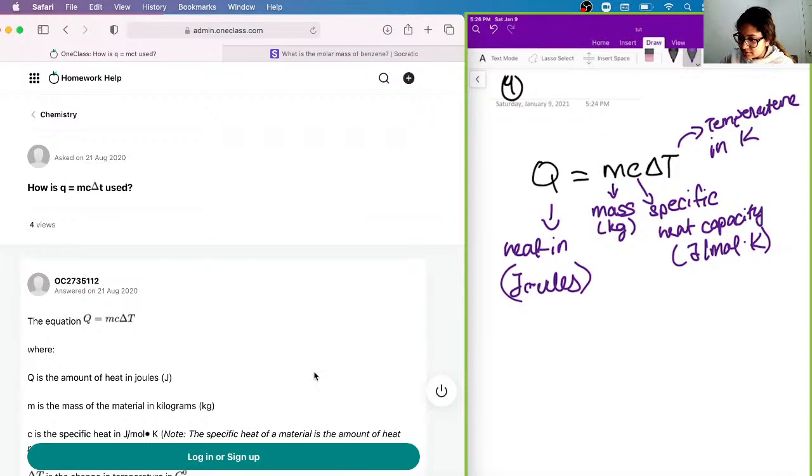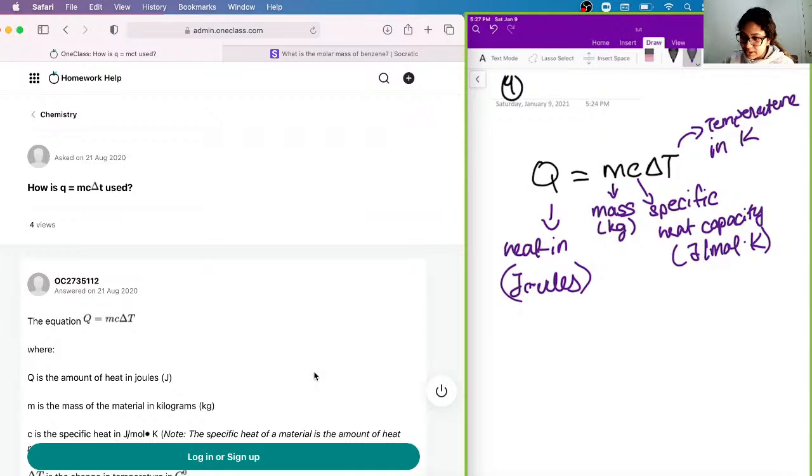And it is used to determine the amount of heat involved in changing the temperature of a substance of mass m and specific heat capacity.